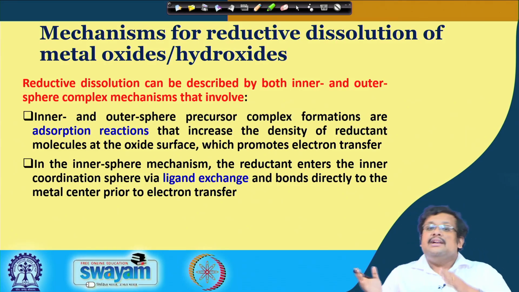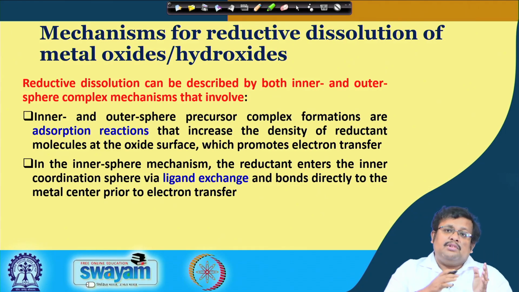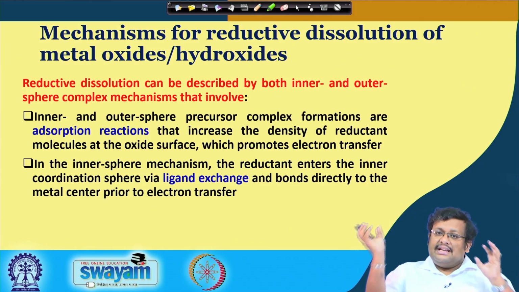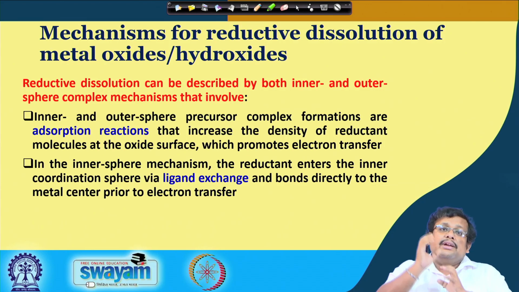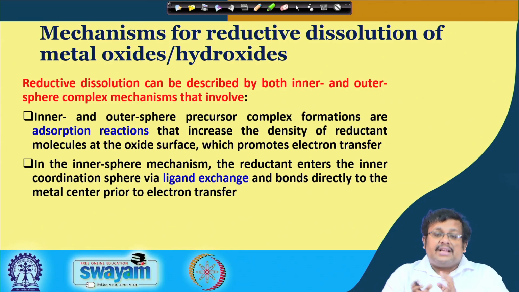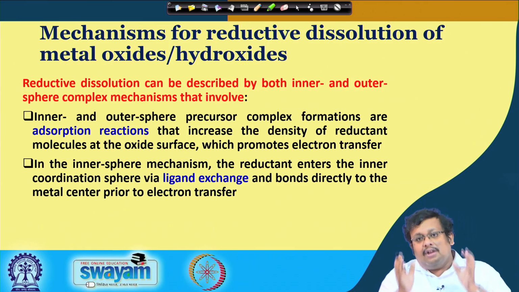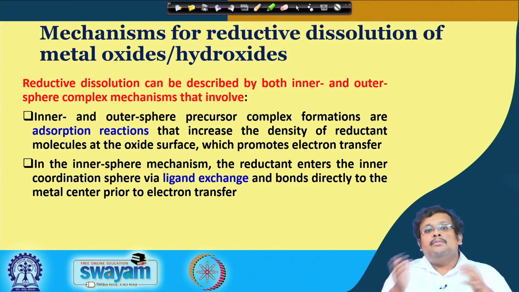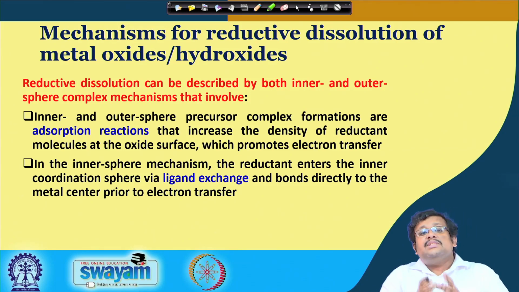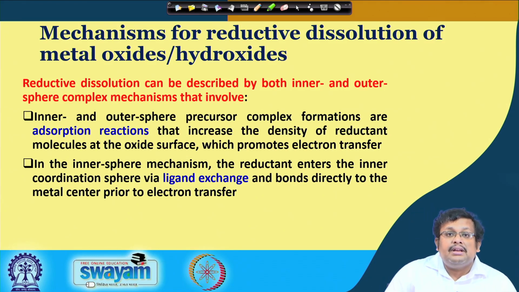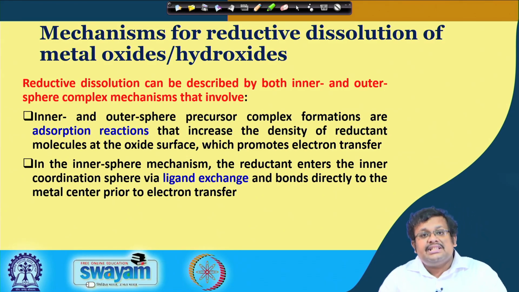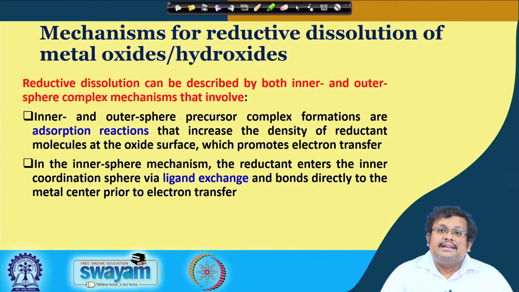When the reductant gets attached to the oxide surface, it forms the precursor complex and then promotes the electron transfer. In the inner sphere mechanism, the reductant enters the inner coordination sphere via ligand exchange and bonds directly to the metal center prior to the electron transfer.